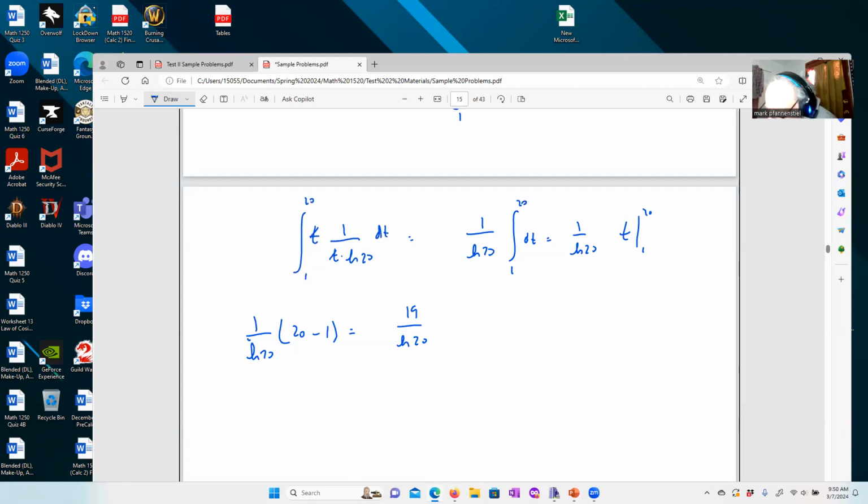So my expected value looks like it's about 6.3 seconds. So the expected time for blood to clot is about 6.3 seconds.